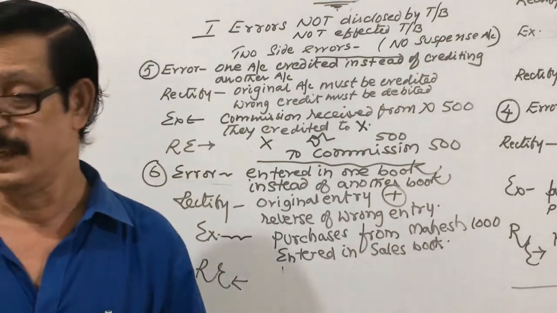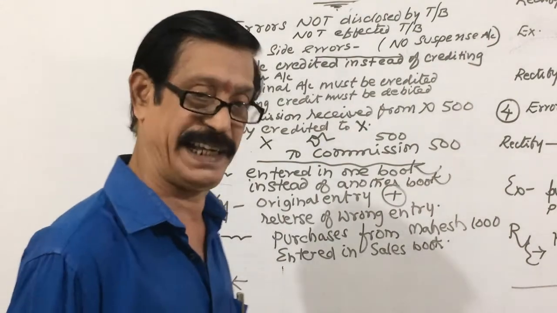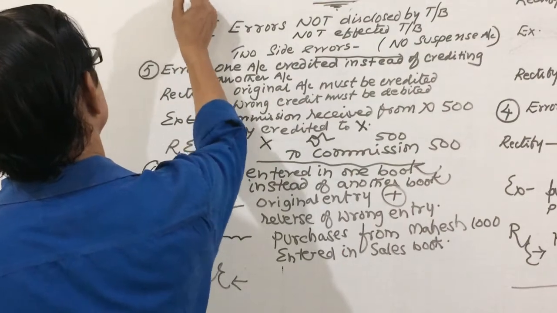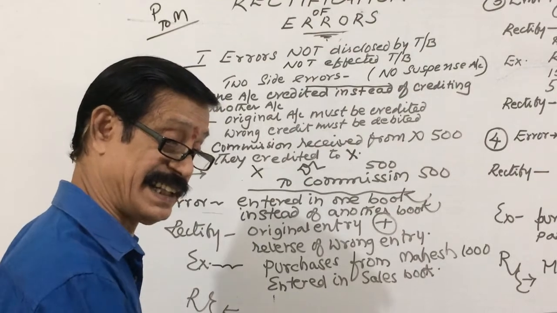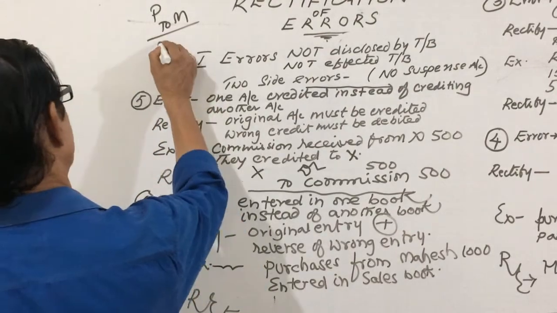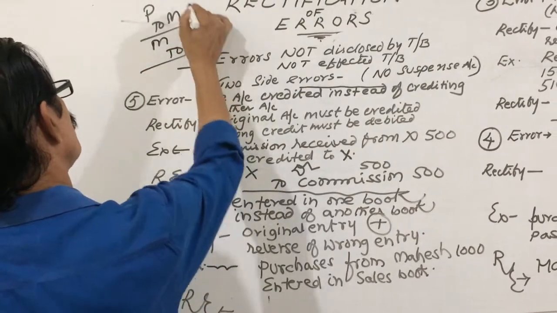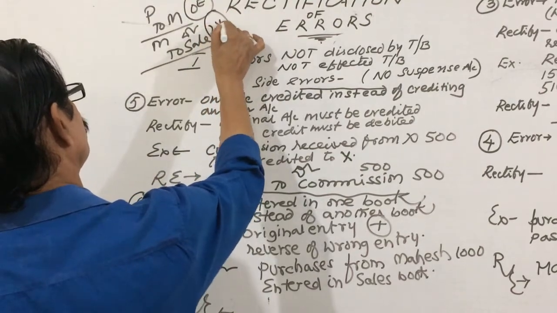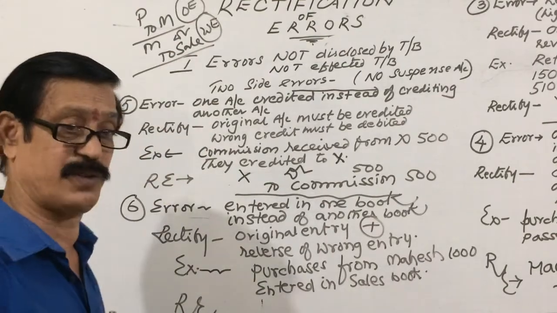Well, dear students, when we purchased from Mahesh, purchases account debit to Mahesh. That is the original entry. What they did: they entered in sales, meaning Mahesh account debit to sales. So this is the original entry. This is the wrong entry. Understanding?